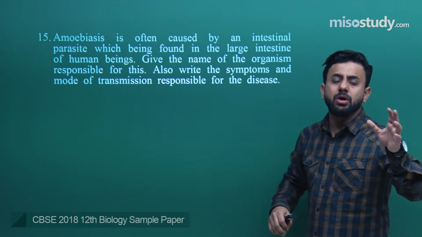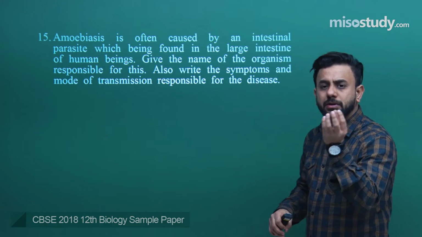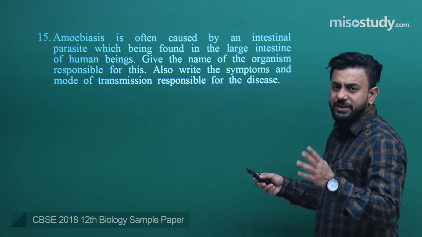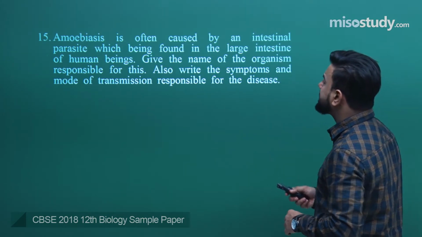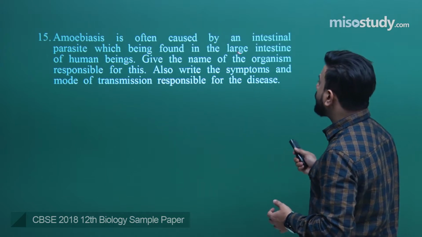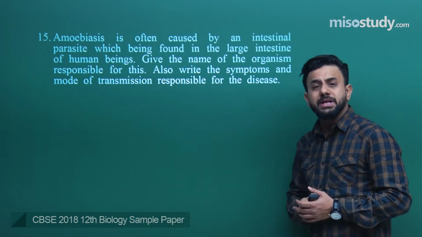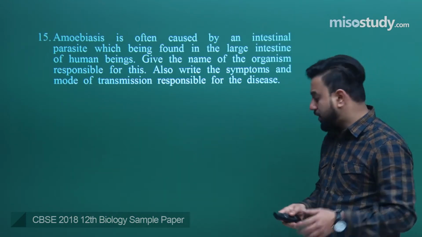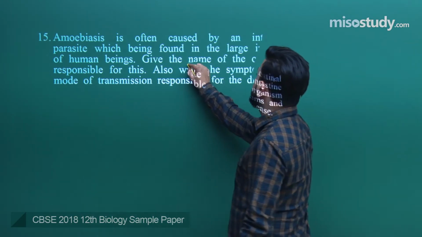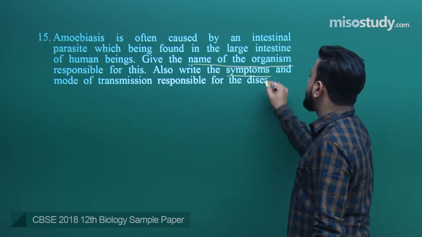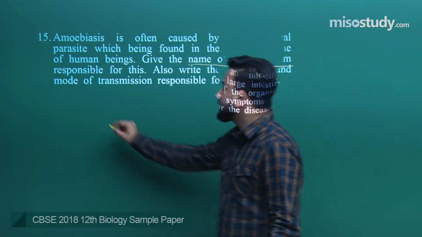See, biology, as you all know, from the word itself we get so many facts. So let us read the question once again, friends. Amoebiasis is often caused by an intestinal parasite, which is found in the large intestine of human beings. Give the name of the organism responsible for this. This is the first question. Also write the symptoms. This is the second question, and the mode of transmission is the third part.